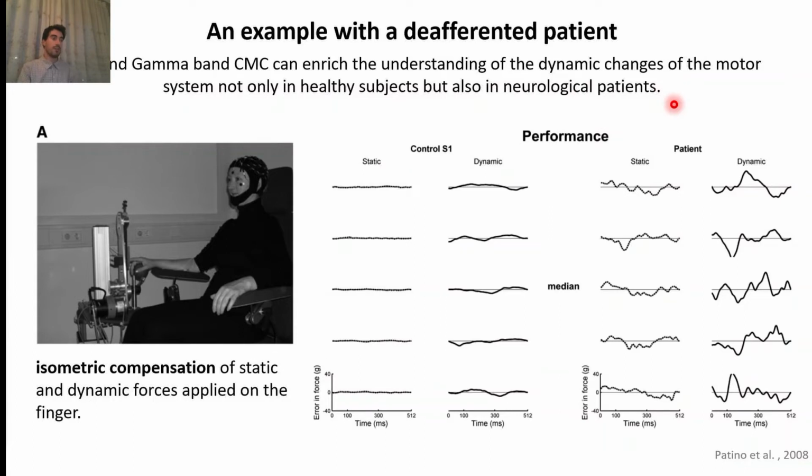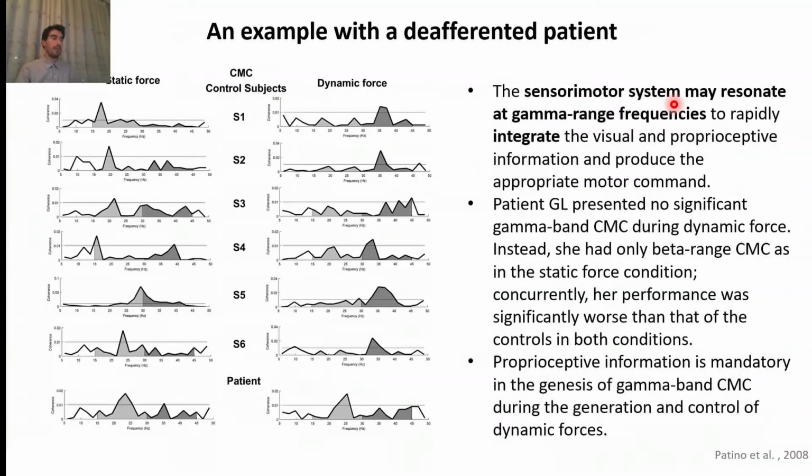Why is that? Because of this next slide, where Patino shows that the sensory motor system is probably resonating at gamma range frequencies to actually integrate the visual and proprioceptive information and produce the appropriate motor command. As you can see, in fact, here, in the dynamic force conditions, basically the healthy subjects present significant cortico-muscular coherence at gamma bands.